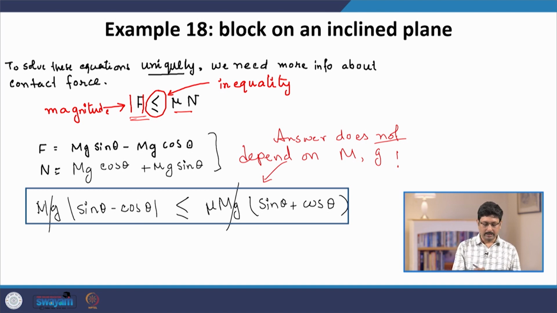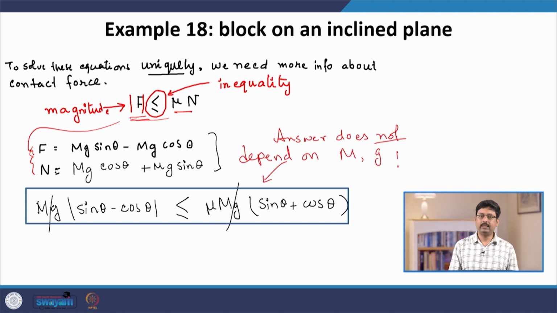So if I plug in these two expressions and combine with Coulomb's law of friction, we get an inequality: the magnitude of friction is less than or equal to mu times the magnitude of the normal component of the force.